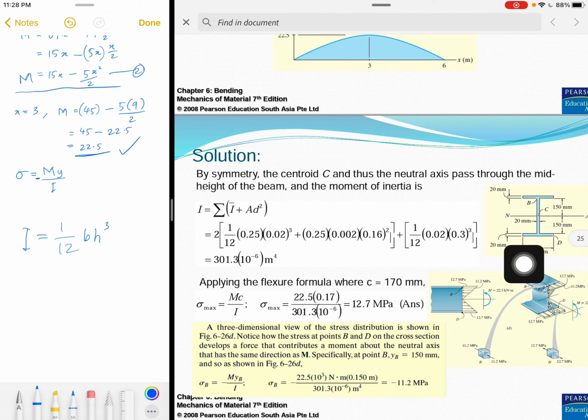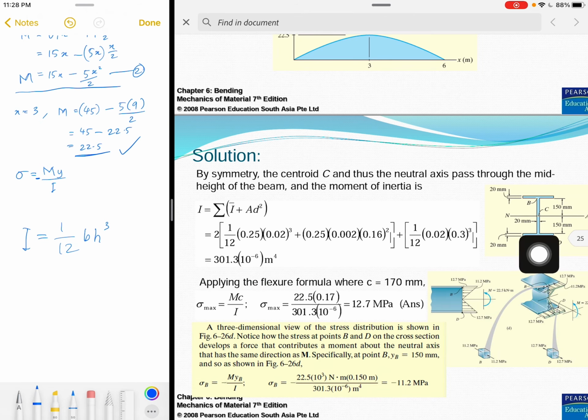So 150 plus 150 is 0.3 meter. So we raise it to the power of 3. So this is the moment of inertia for the rectangle at the middle only.